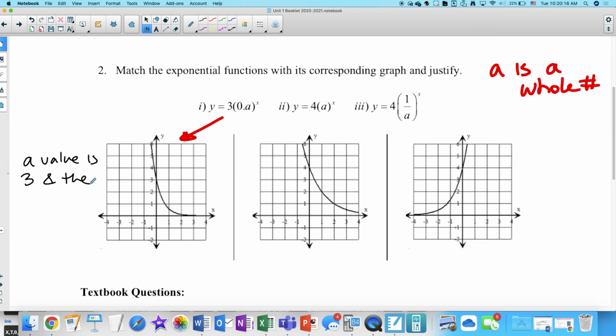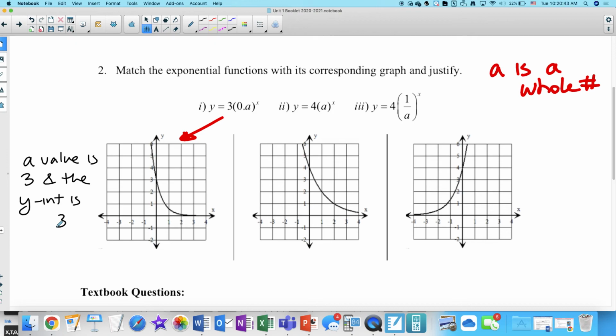The other thing that we could say, though, is because we're doing 0.a as our base value, if a is a whole number, it's going to be like 0.1, 0.2, 0.3, 0.4, okay? 0.a, which is our base number, is a number between 0 and 1. And so we are going to have a decreasing function, okay?